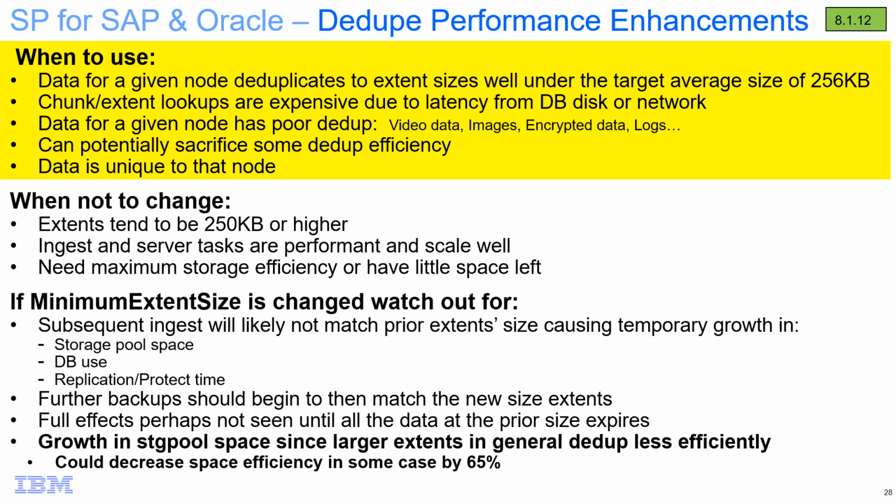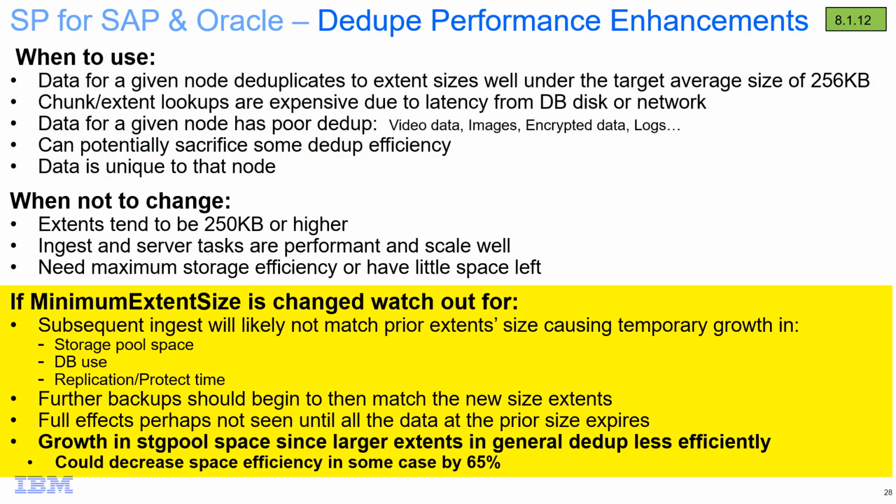Also, you may want to consider using that if your data is unique to that node, meaning you're probably not getting any dedupe if you're writing out to cloud containers. Now, if you do update your minimum extent size, you want to watch out that subsequent ingest will likely not match the prior extent size, so you will see a temporary growth in your storage pool size, database usage, and replication and protect time.